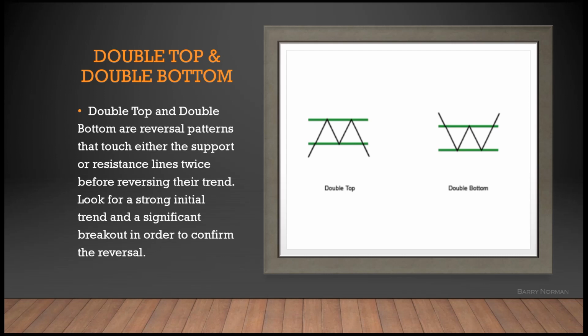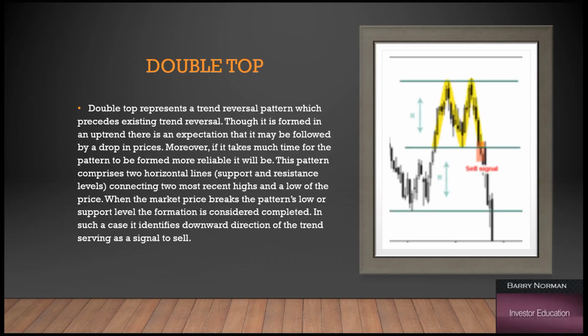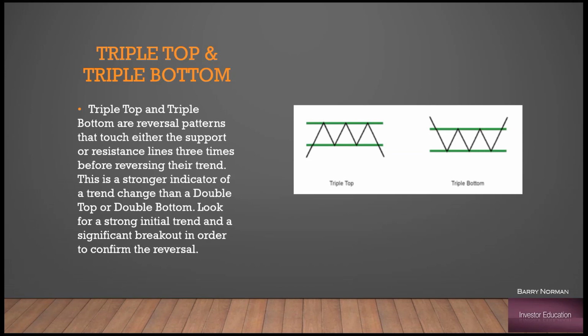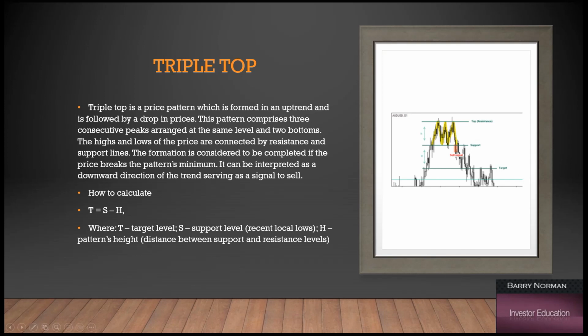But after that, we go to triple tops and triple bottoms. When we get to triple tops and triple bottoms, we can then start relying on whether price is bouncing up and down off that support and resistance level and whether that's going to hold true. And again, there's a simple formula to calculate the move when price breaks below that next support level or above that next resistance level.